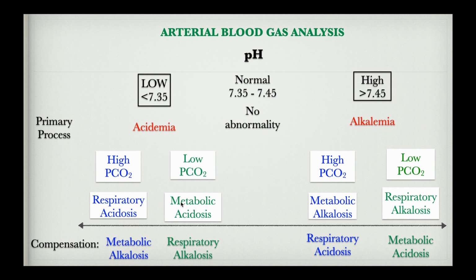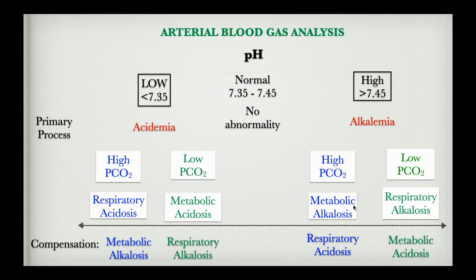Similarly, if we have metabolic acidosis, the opposite of metabolic is respiratory, and the opposite of acidosis is alkalosis, so we are going to have a compensation of respiratory alkalosis.